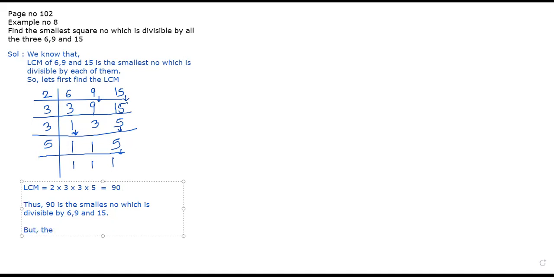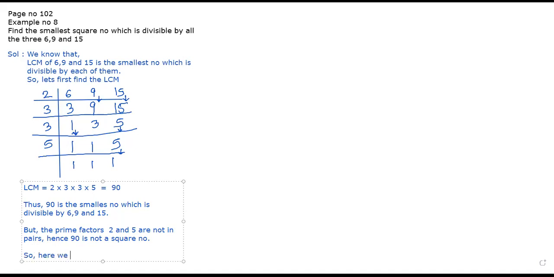Because the prime factors 2 and 5 are not in pairs. Hence, 90 is not a square number. Correct?